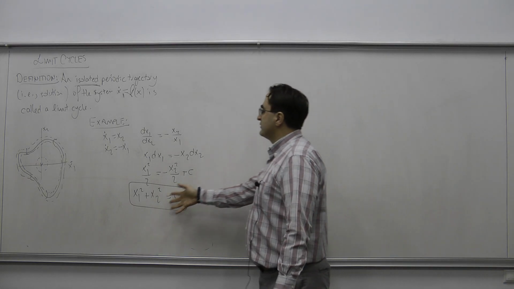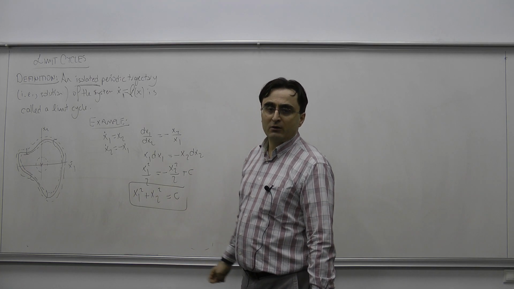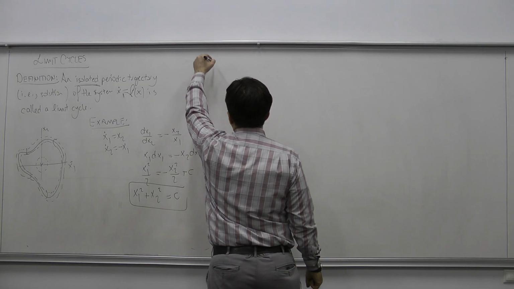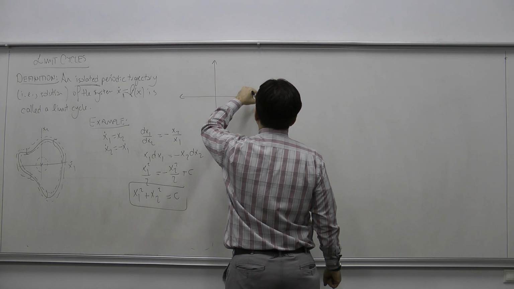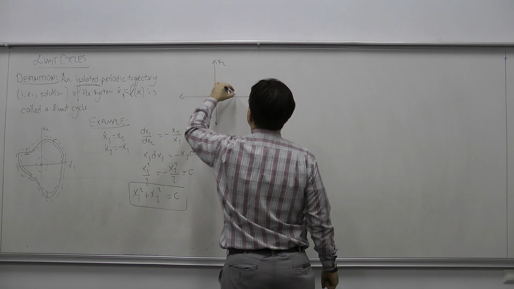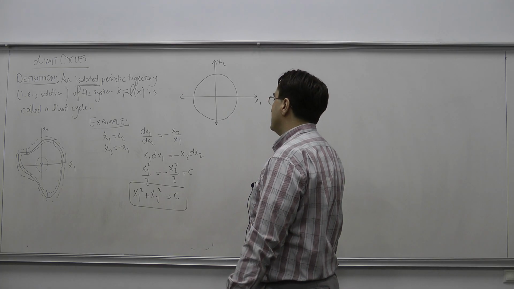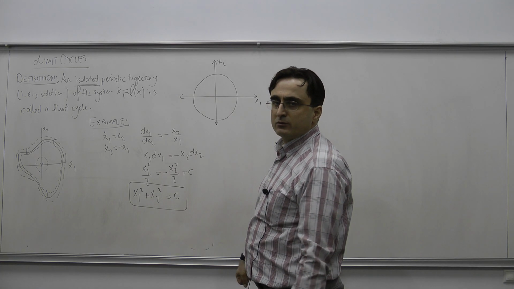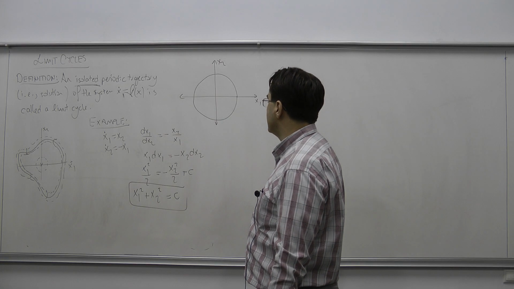And you see that these are actually simple circles around the origin with different radii that depend on the initial condition. Okay? So we have trajectories like this. What about the rotation direction, clockwise or counterclockwise?